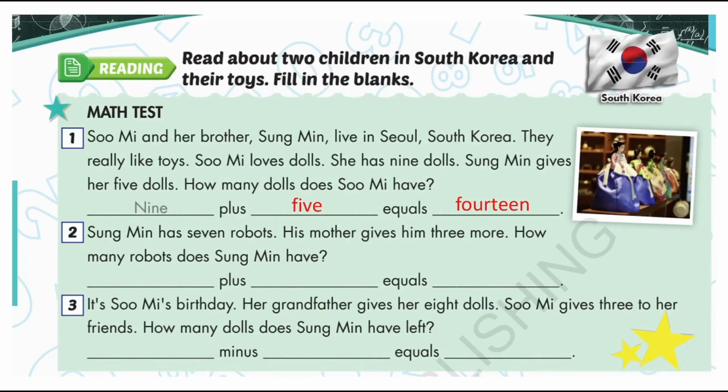At first, how many robots does Sungmin have? He has 7 robots. And his mother gives him 3 more. So 7 plus 3 equals 10. Right.